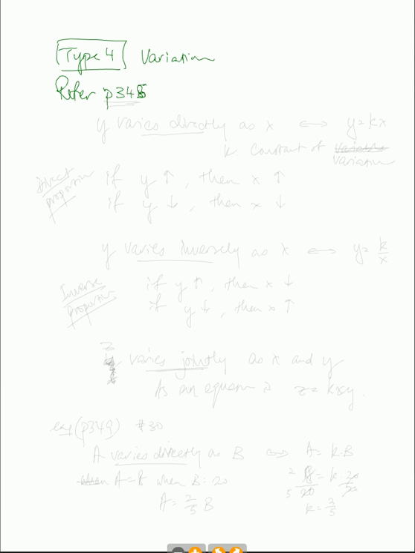So turn to 345, and here you are told that when y varies directly as x, as an equation, y equals kx, okay, and k being the constant of variation.